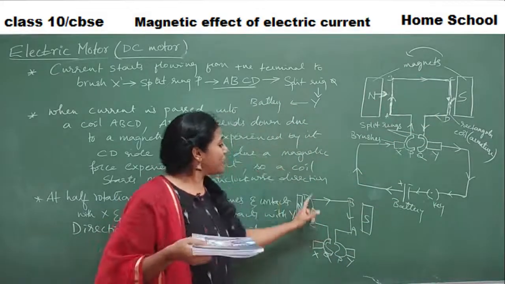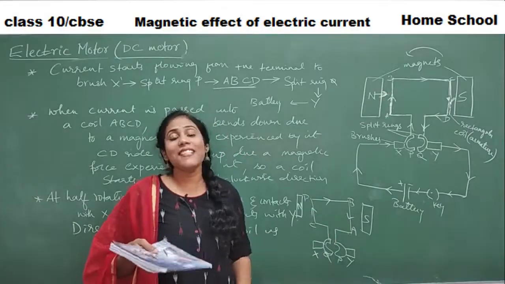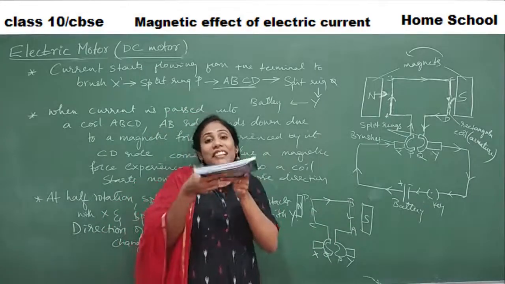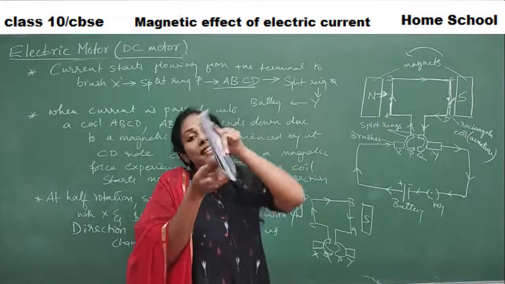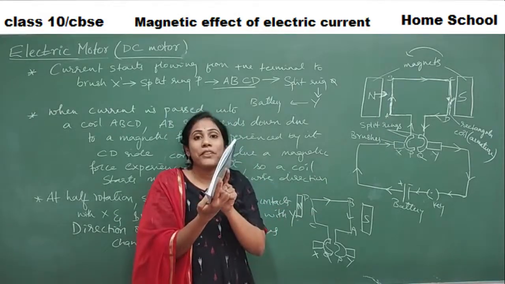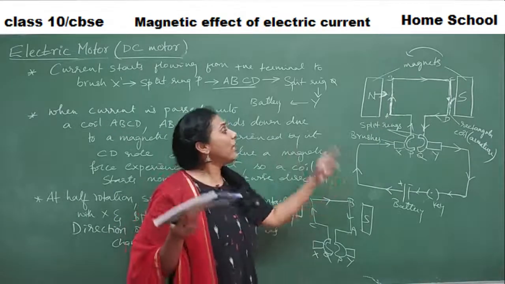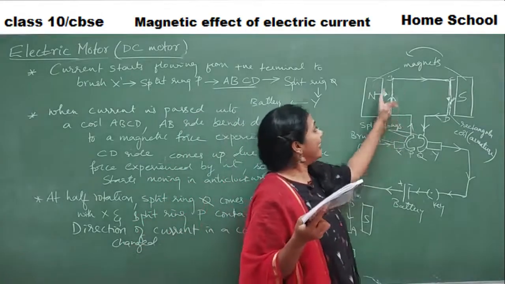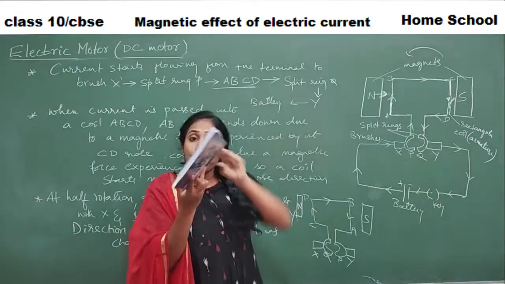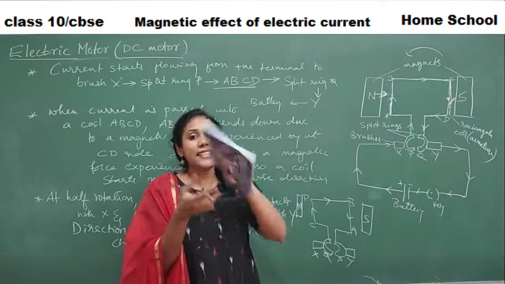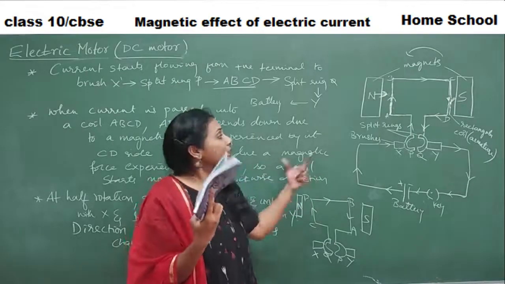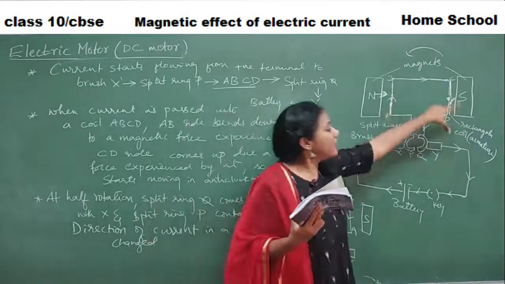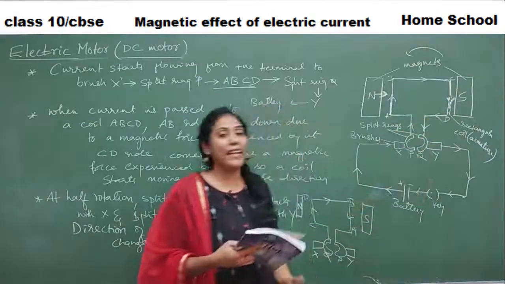Why current direction has to be changed in a coil, guys? Because to have that continuous anti-clockwise direction movement. Okay, so this is how continuously a current carrying conductor can move in a DC motor. Okay, and who is helping a coil to continuously move? The split rings are helping.